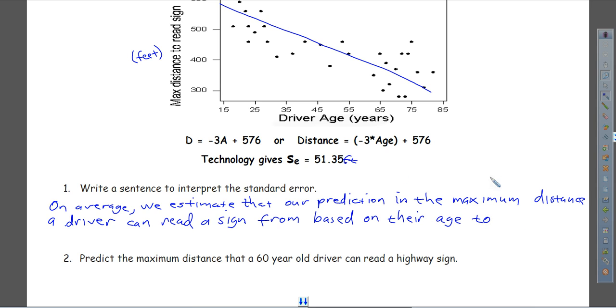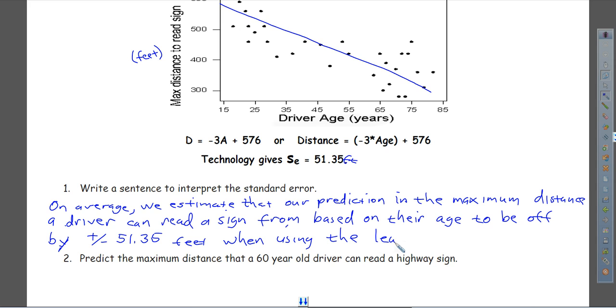we expect it on average to be off by 51.35 feet. So I'm going to actually say plus or minus 51.35 feet when using the least squares regression line.